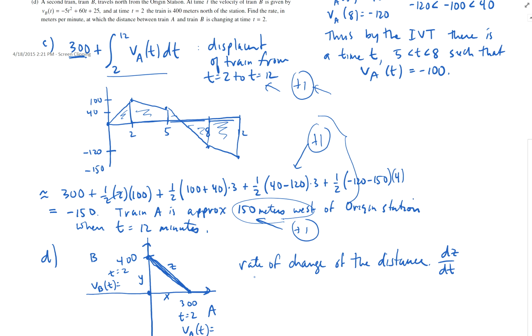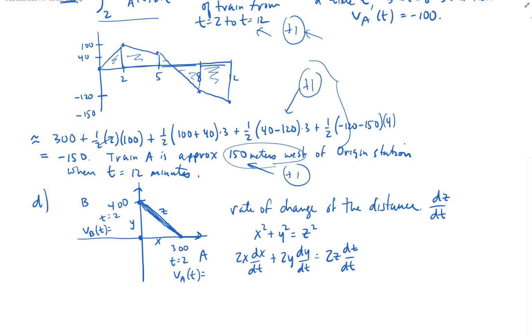Okay, well, how do I do that? Let's write an equation involving what we know. We know x squared plus y squared equals z squared. So if I take the derivative, 2x dx dt plus 2y dy dt equals 2z dz dt.